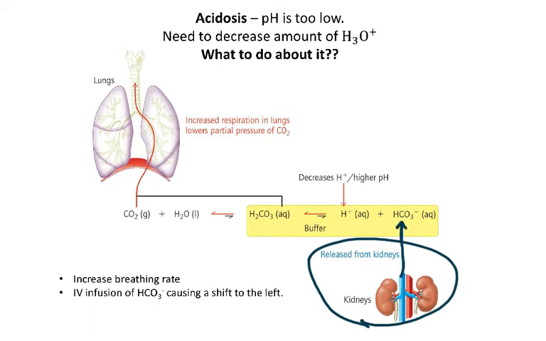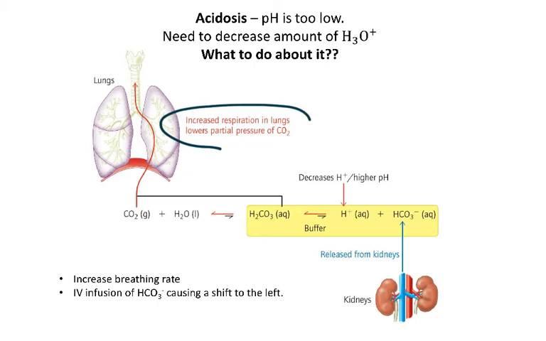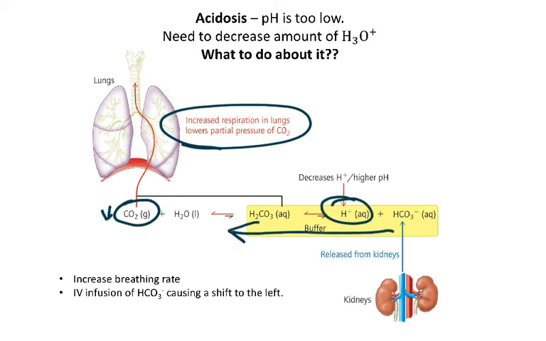Releasing more bicarb would shift the buffer system equilibrium away and consume H plus. Or more likely, increase respiration in the lungs. That's going to draw out more CO2, so the system will shift to replace it, thus consuming the excess H plus and bringing the pH back to a normal level.